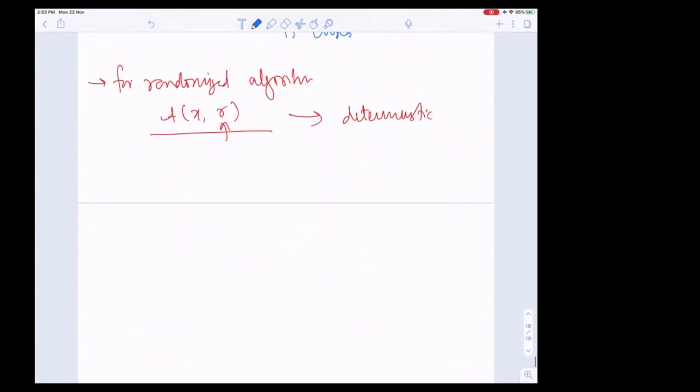Now let's ask ourselves the following question. Fix some X in your set. Suppose X prime is the random vector that we decoded.